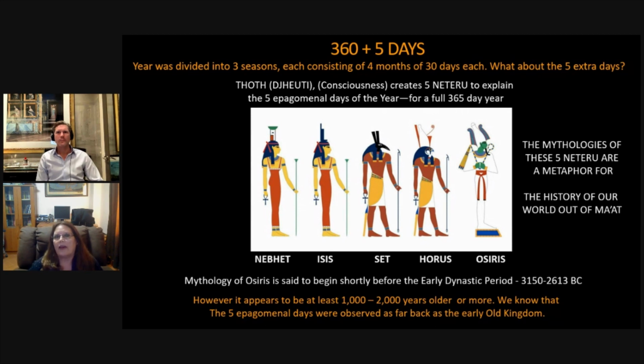So you would have had these 12 perfect months of 30 days, if you will. And suddenly, when we move that 23.5 degrees, we have 5 extra days in our year for a full 365-day year. And the mythology goes that Thoth, or Jehuti, consciousness, creates 5 Neteru to explain what they call the 5 epagomenal days of the 365-day year. And so the mythologies of these 5 Neteru are a metaphor for the history of our world out of Ma'at.